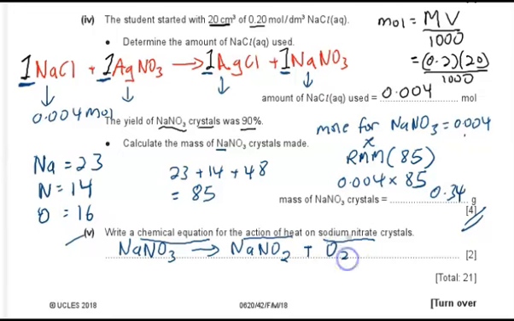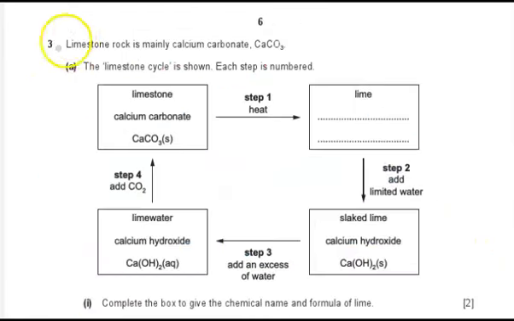It will produce oxygen, because this is a very reactive substance here. So this is your answer. Okay, so total you will be having here 2 marks. Okay, let us move to the next question.